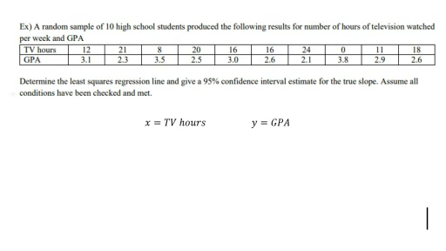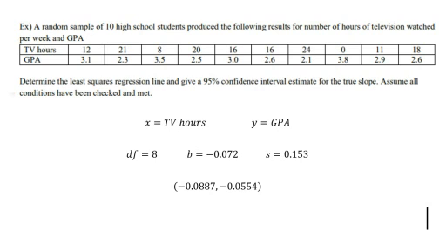All right, so looking at this one, we go through and we're looking for our key pieces of information here. Our degrees of freedom is 8. Our b value when you do your regression is negative 0.072, and then the s value is 0.153.